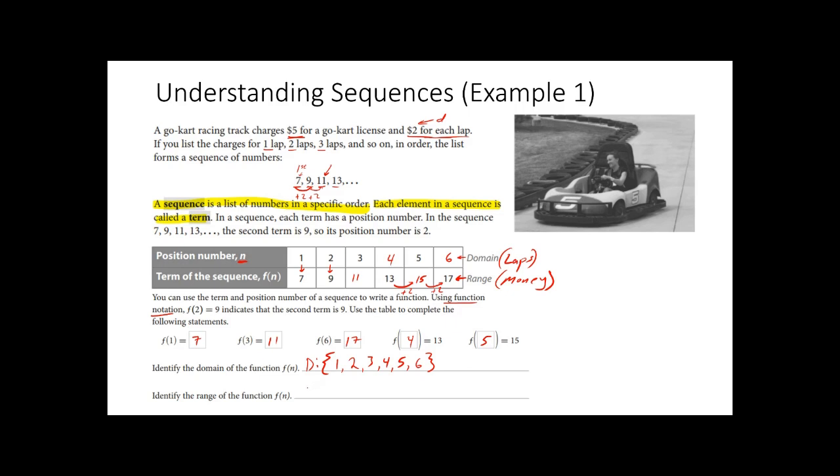Our range is our money. For 1 lap, it costs 7. For 2 laps, it costs 9. Third lap, 11. Fourth lap, 13. Fifth lap, 15. And last but not least, our sixth lap gives us $17.